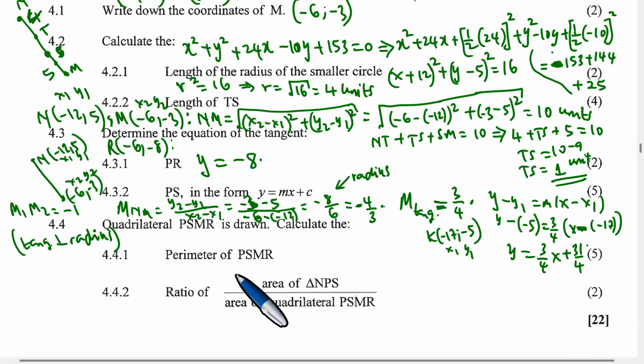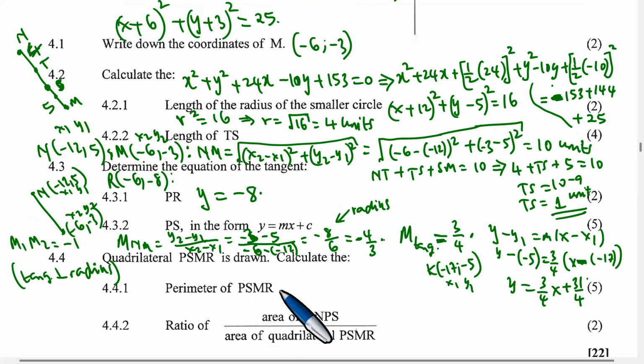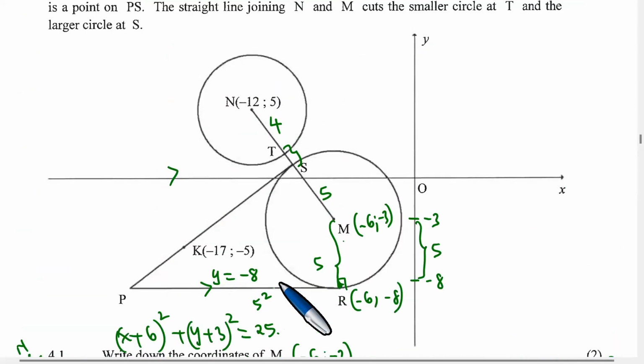Next, we want the perimeter of PSMR. Let's look at PSMR, the perimeter. Here you already know it's 5. This one you already know there.